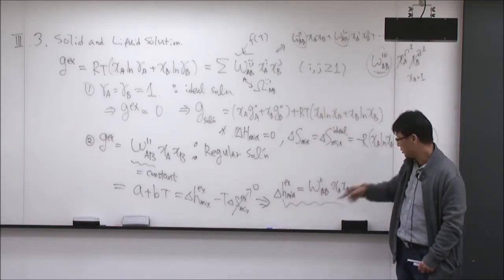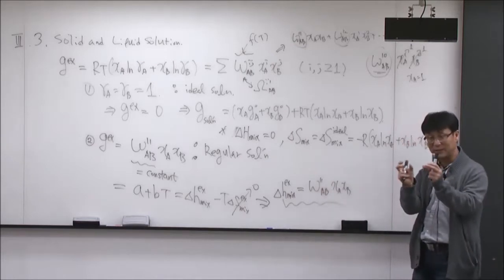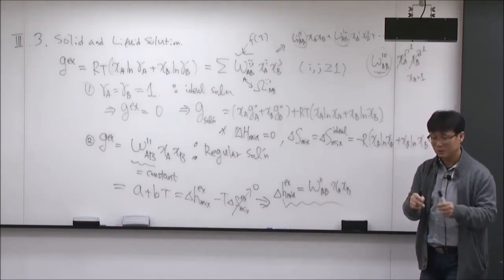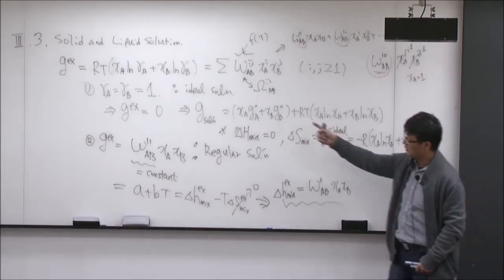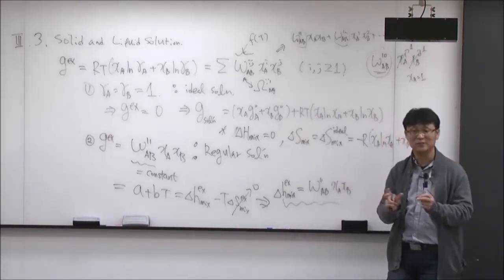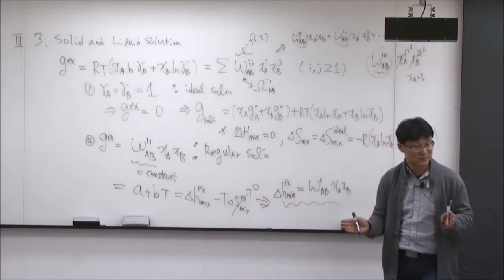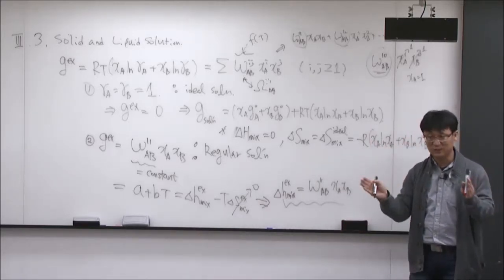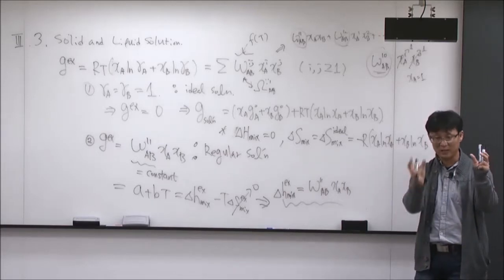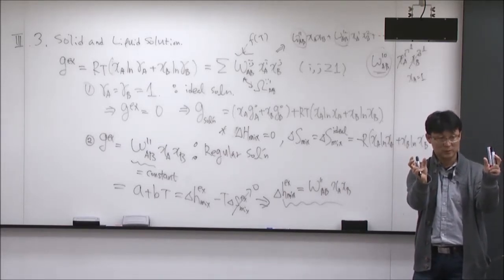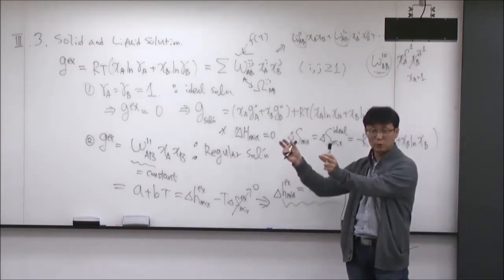Okay? When A and B start to like each other, when there's actually some interaction. So theoretically, when I say ideal solution, there's no interaction, this is wrong. This is not actually a correct expression. So the exact expression is like this. When you have A and A, there's always some interaction. When you have B and B, there's always some interaction.